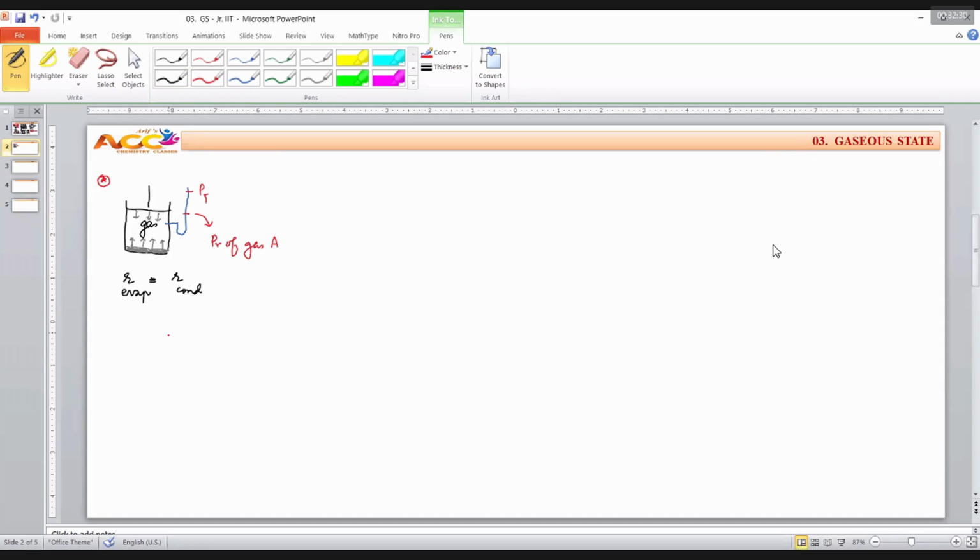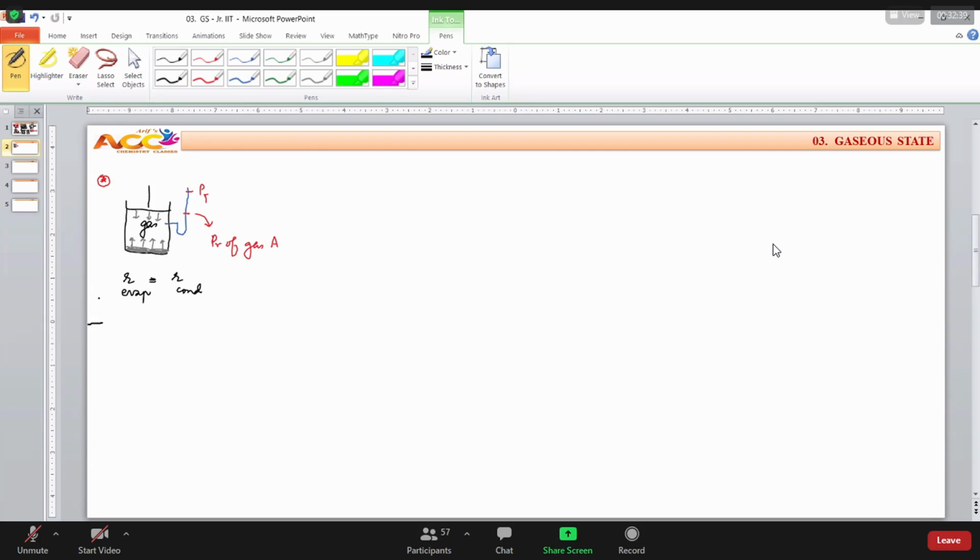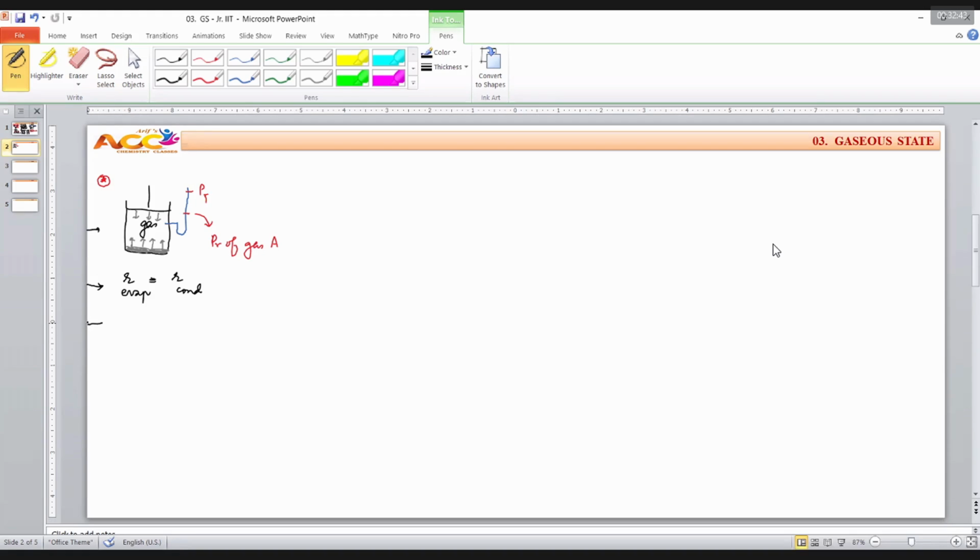Okay, nice. Now the question is, why are you calling it total, sir? If you are just saying pressure, you can say, sir, there is some value of pressure. But why are you saying the word total pressure? The answer is, here we are having two substances together. Who are they? P total is equal to the total pressure of the system, which is equal to the partial pressure of number one.